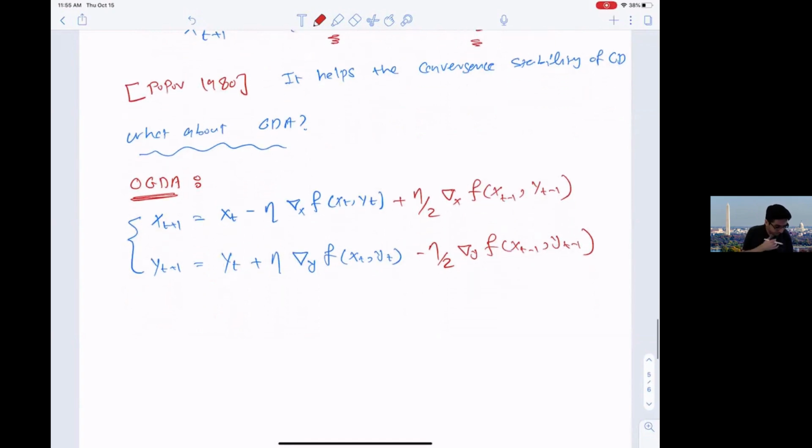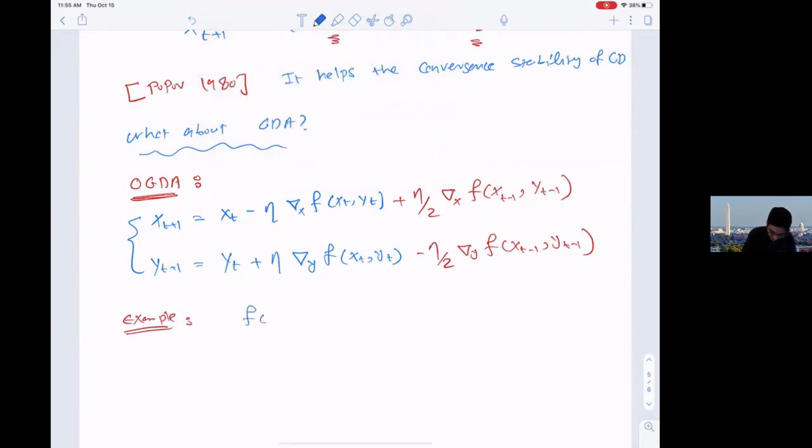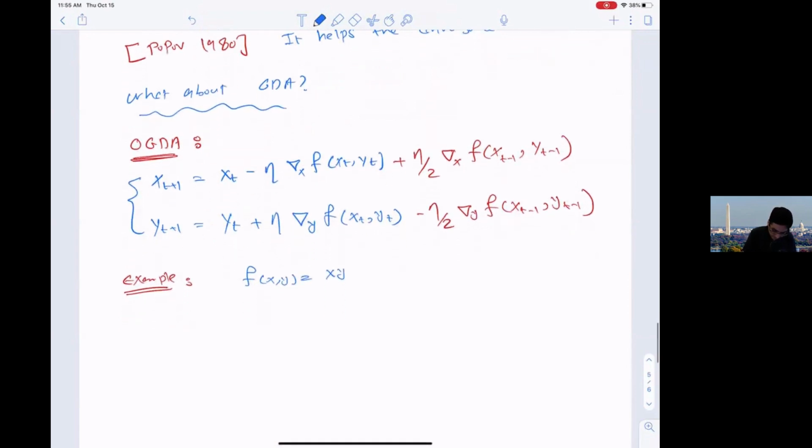Okay, so let's go back to the example that we started with. The example was the case of having a bilinear objective function, x times y. We know in the GDA update, we had xt plus 1 is equal to xt minus eta times yt, and yt plus 1 is equal to yt plus eta times xt. But what about optimistic gradient descent ascent?